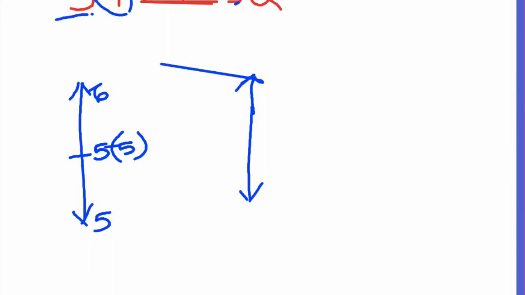What's the number after? 9. So it would come right here, wouldn't it? Is it closest to 5 or is it closest to 6?